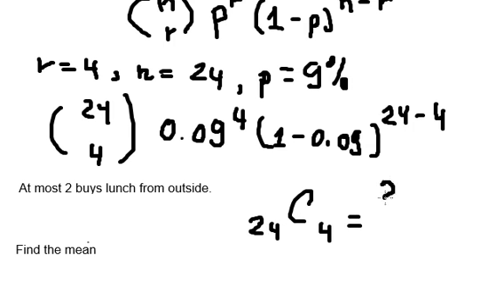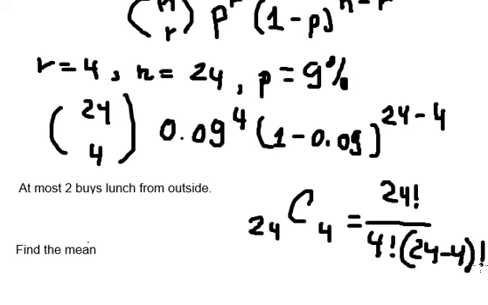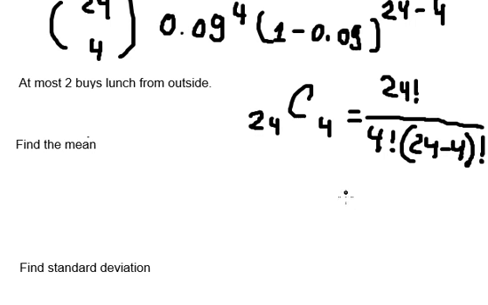and we have 24 factorial over 4 factorial, times 24 minus 4 factorial in here. So this one we calculate, and that is 10,626.